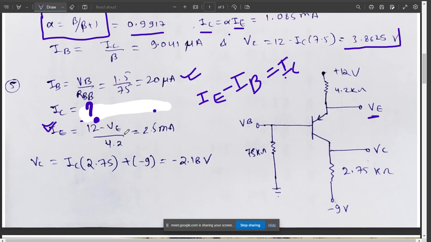Yes, so first we'll find IB. IB is VB by RB. So this is 1.5, we already know, and we will get IB, right?